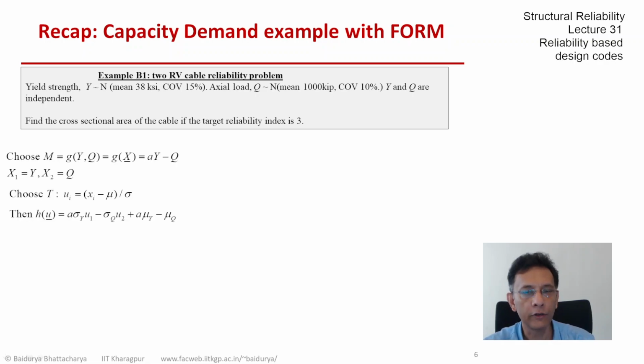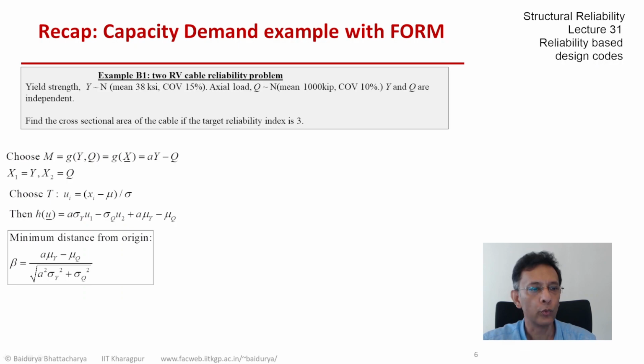We chose the obvious form of the limit equation, ay minus q equal to 0, and did a simple Hasofer-Lind transformation from the basic variable space into the independent standard normal space, x to u, and we came up with a linear limit equation in u space, from which simple geometry gave us beta as a function of a, and then we solved that quadratic equation and obtained the value of a as 50 square inch.